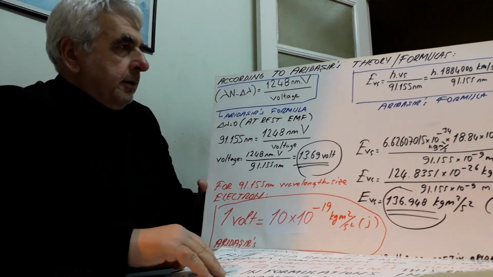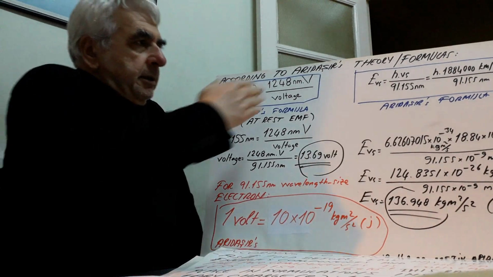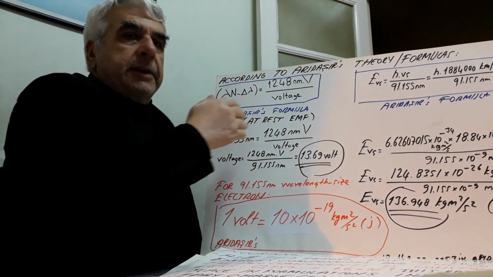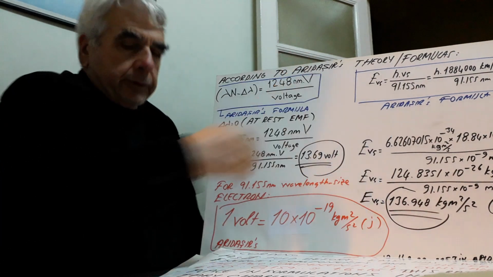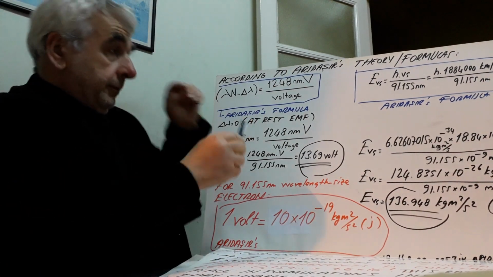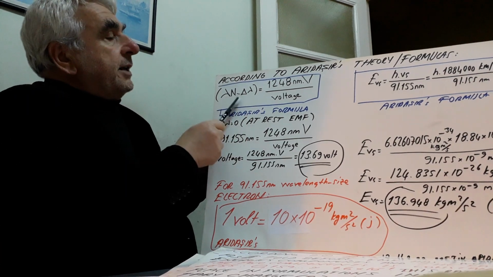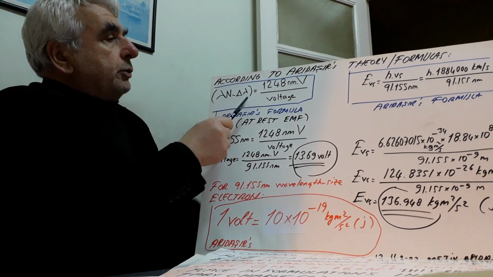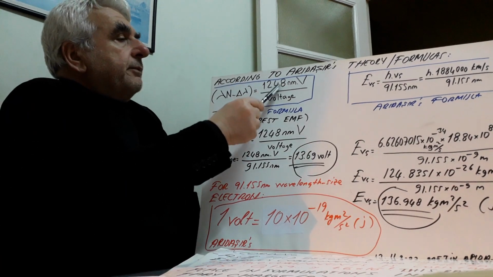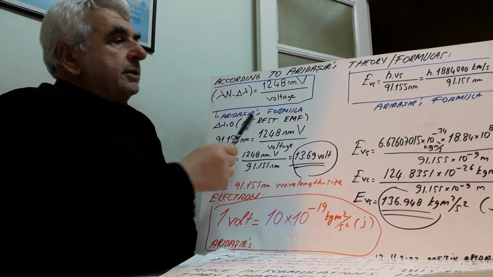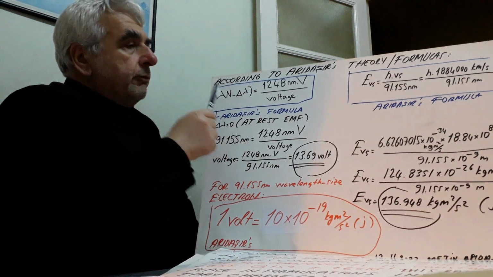Now, there are two formulas that I have put forth. One, for applying voltage: lambda n minus delta lambda is equal to 1248 nanometer volt divided by voltage.